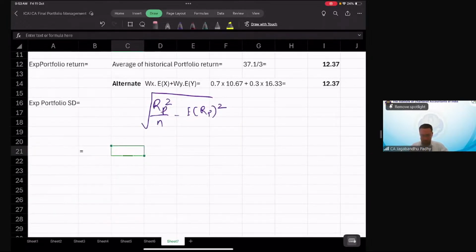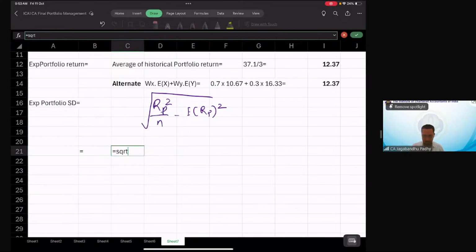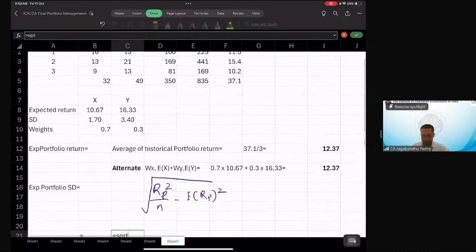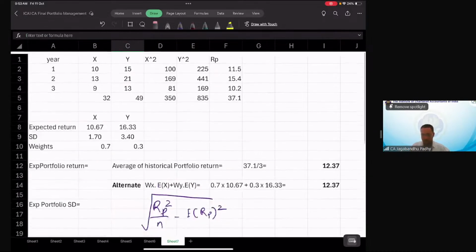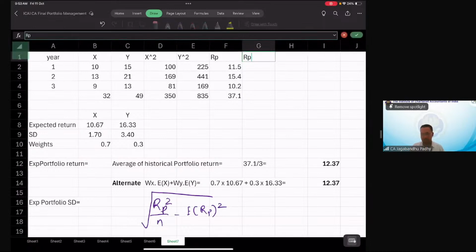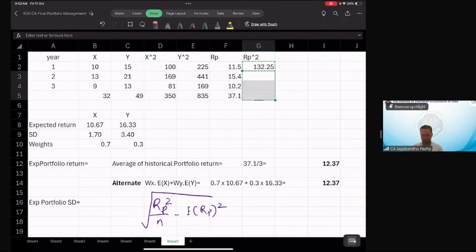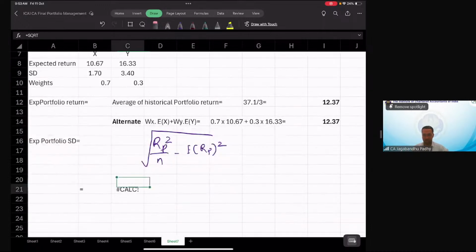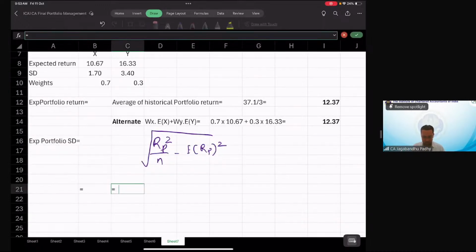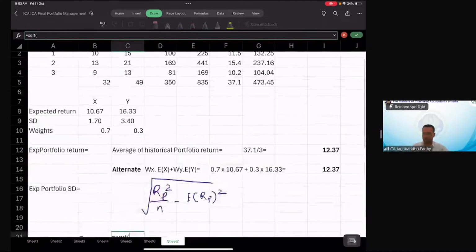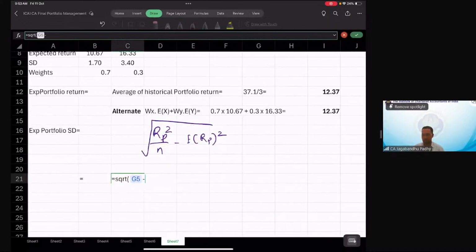Some problem? Return on portfolio should be squared, no, sir? Yeah. I have to add that column. Yes. Return of portfolio square. Yeah. So this multiplied by the return of portfolio, and then we take a summation. So we get 473. So now I can apply the square root of 473.45 minus expected return square.